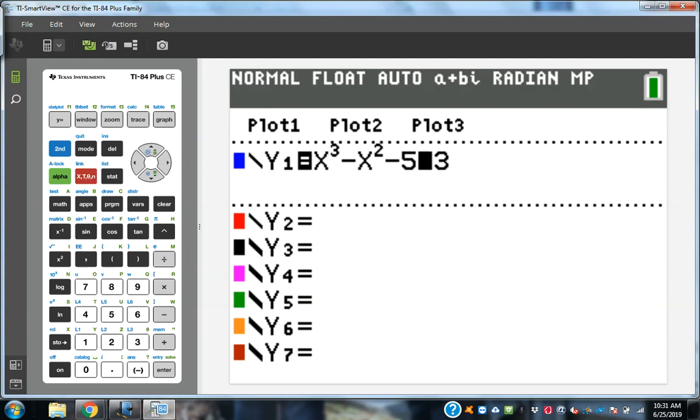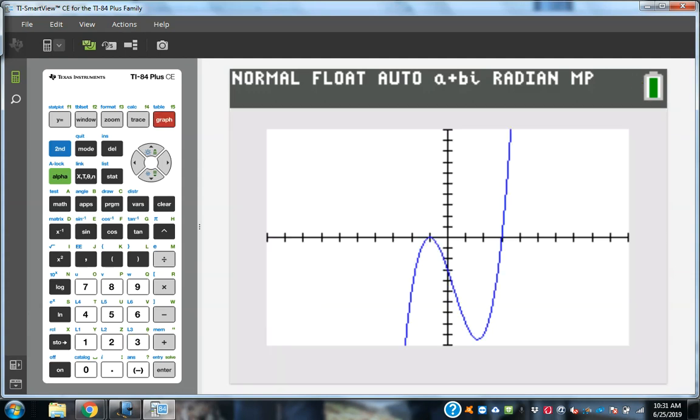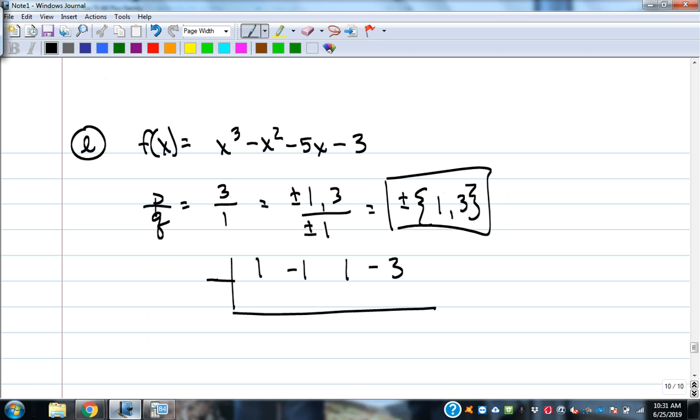Minus 5x. Doesn't affect our P over Q list. It sure does affect the graph a whole lot. That's what it should be there. Should be x cubed minus x squared minus 5x minus 3. Sorry about that. So I'm going to change that there to a minus 5.